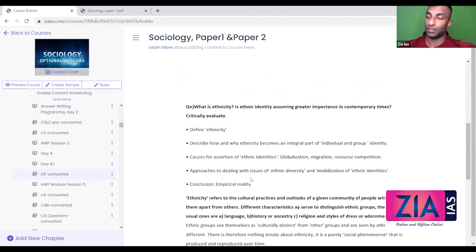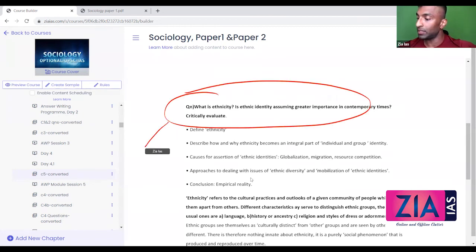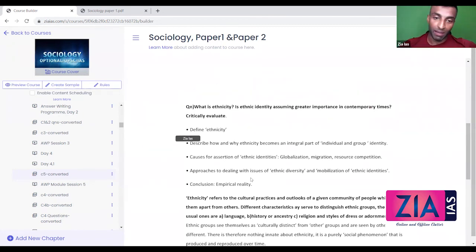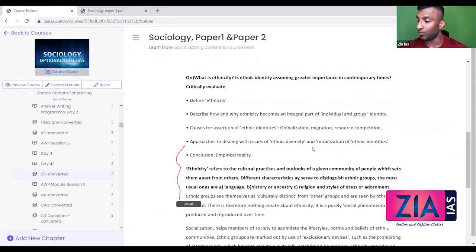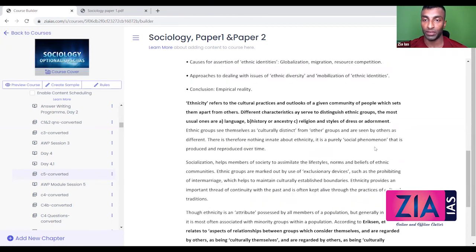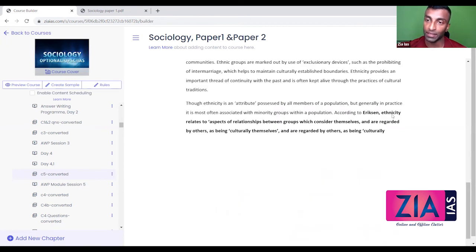Yeah, it is there, guys. So here it is. This is what I was looking for, but I'm not sure in which page it is there. So the ethnicity definition is there. What you need to write, everything is covered here. And I've encircled and underlined whatever is important for you, whatever thinkers you need to add.